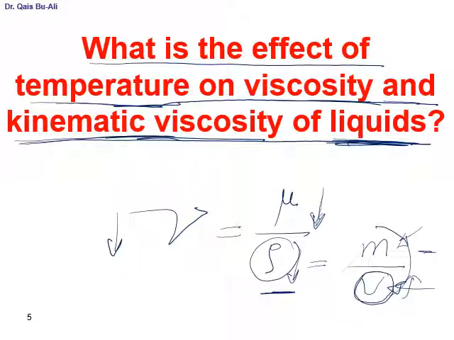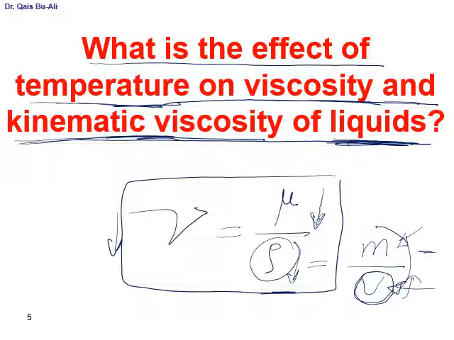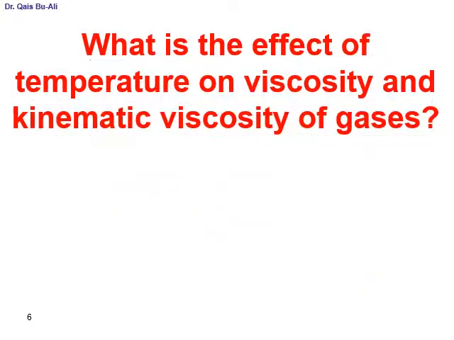I'm just raising this question, but this is how you do it. If you are asked what's the effect of temperature on the kinematic viscosity, then you have to look at the effect on viscosity and the effect on density. At least you can analyze it. After a little bit, I will give you the answer for this, but I want you to know how to think about it.